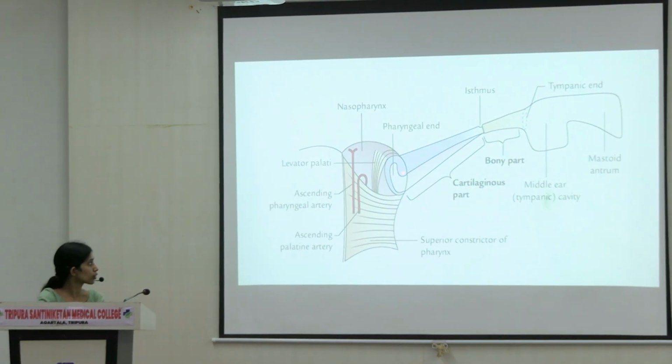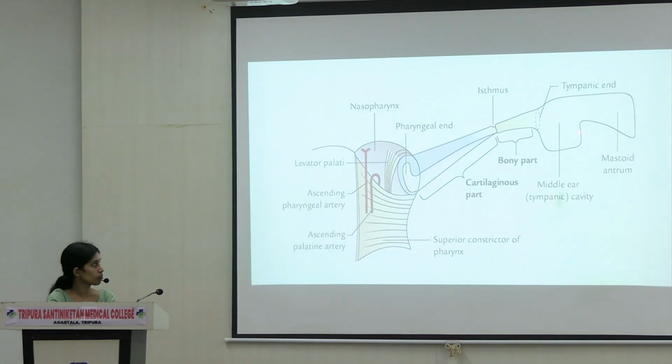And this entire tube is lined by which cells? This is present between your middle ear cavity and the nasopharynx. Nasopharynx means it is the air passage, right?